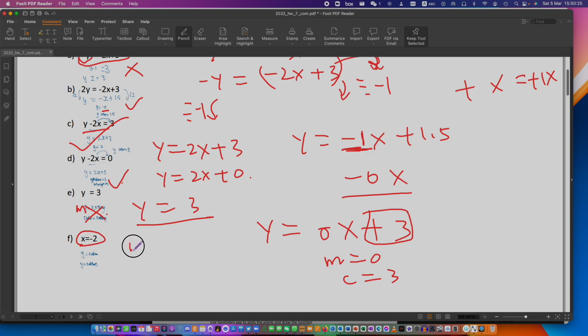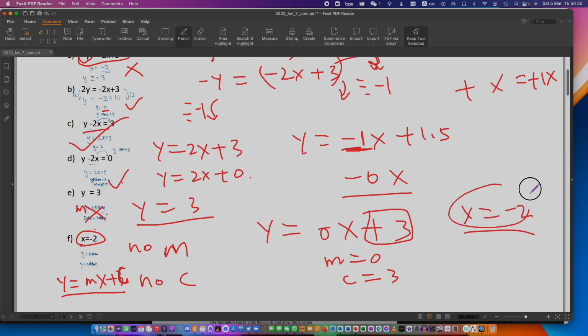Okay? So no m, no c. Why? Because it must be in this format, right? So this is the format, right? Y equals to mx plus c. Which one comes first? Y first. X second, c later, right? But what is this? X equals negative 2. Do you have a y? No. No y. So that means this one compared to this, it does not even have a y.